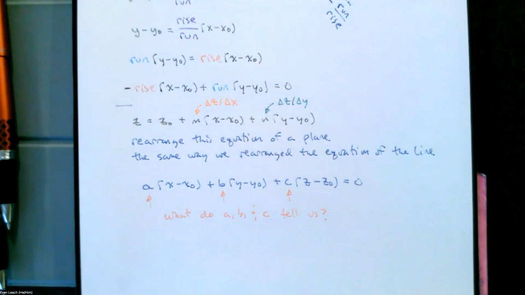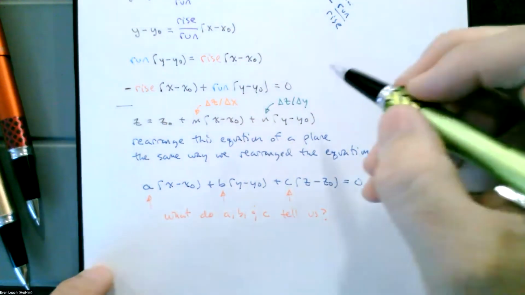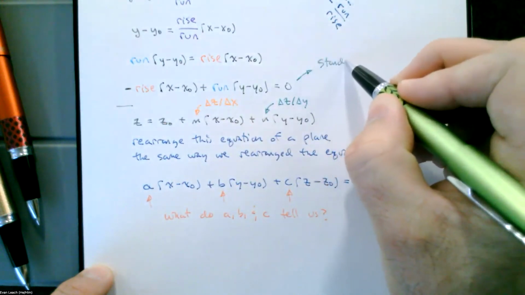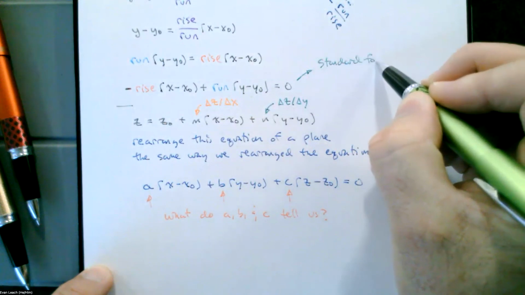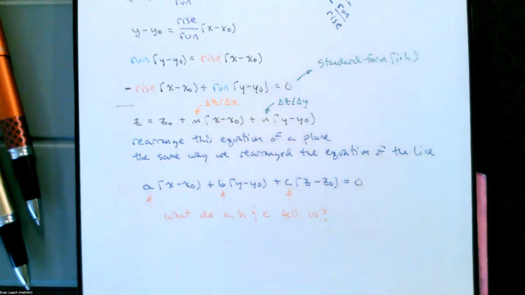the coefficient of x is minus the rise, and the coefficient of y will be the run. If I think about the standard form of a line, it's not quite standard form. Standard form would be ax plus by equals c.